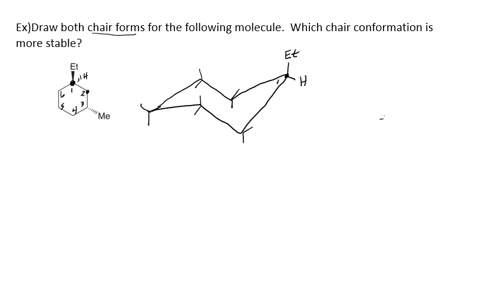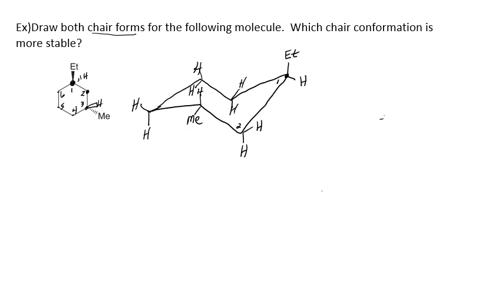Carbon 2, I've got 2 hydrogens. At carbon 3, I have a hydrogen and a methyl. Hydrogen's on the top face, methyl is on the bottom. And carbons 4, 5, and 6 have substituents that are all hydrogen.